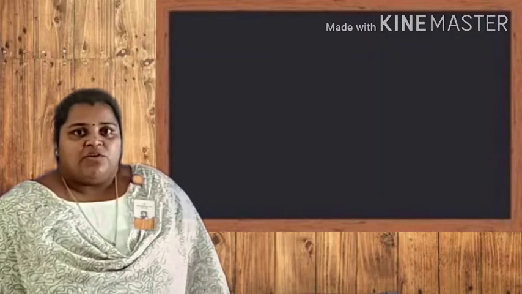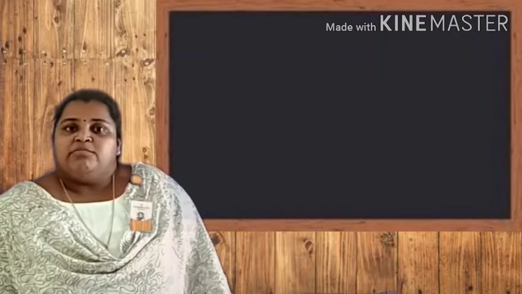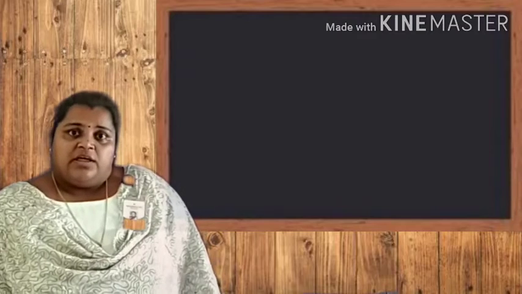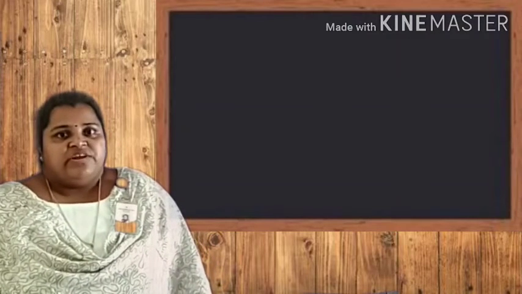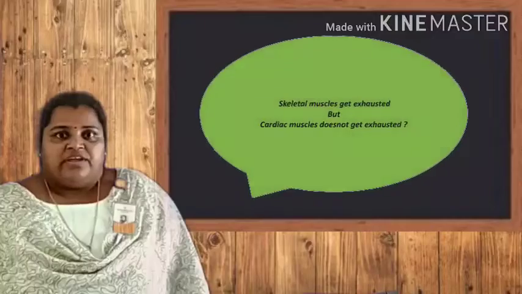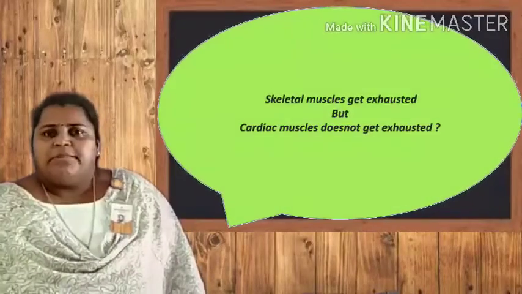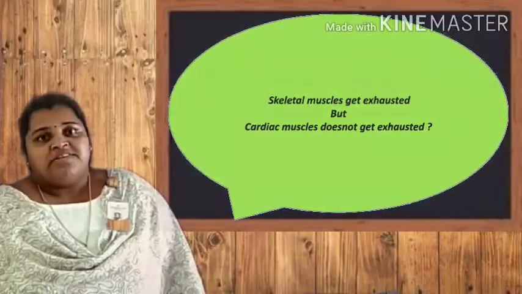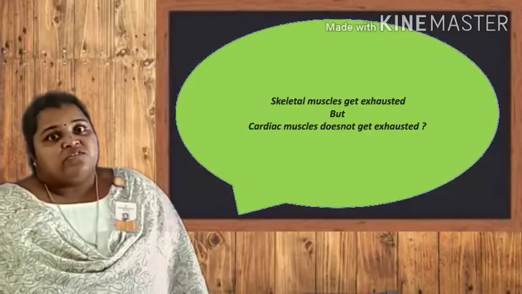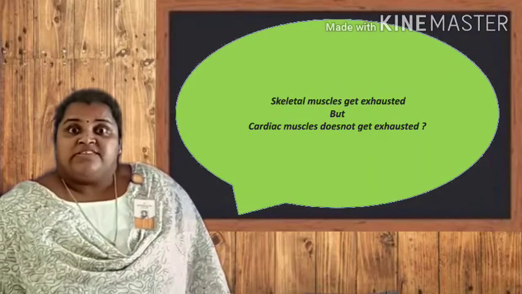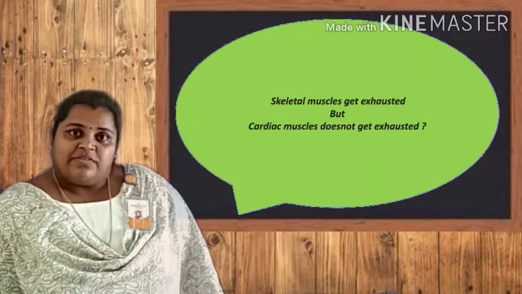Have you ever thought why skeletal muscles get exhausted when you are engaged in continuous and strenuous exercise, but the cardiac muscle, which works throughout our life, does not get exhausted?